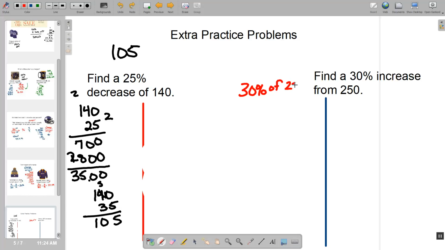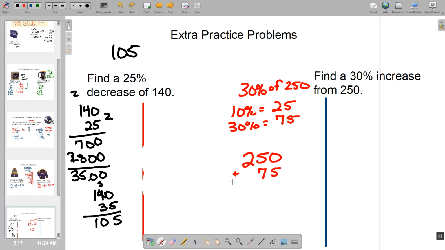Now, because this is a multiple of 10, I'm going to use my favorite strategy, which is 10% is 25. So 30% has to be 75 because it's 3 times bigger than 10%, and 10% is just 1/10 of our starting number. Since we have 75 as our increase, we need to add this back to our original number.